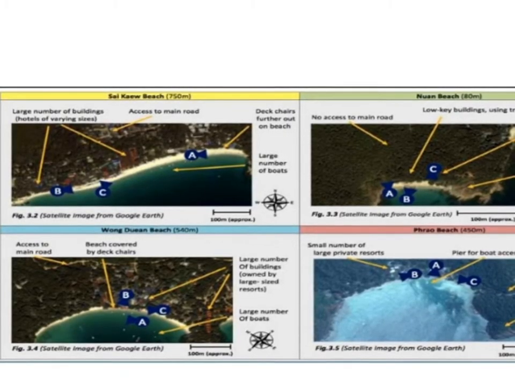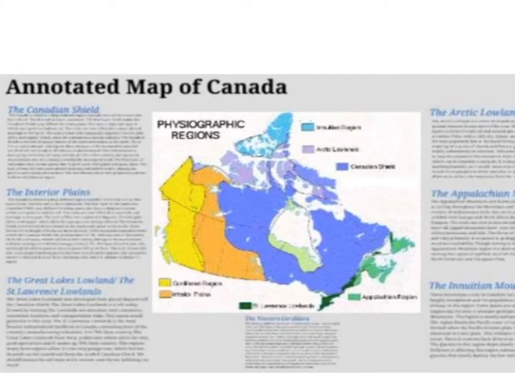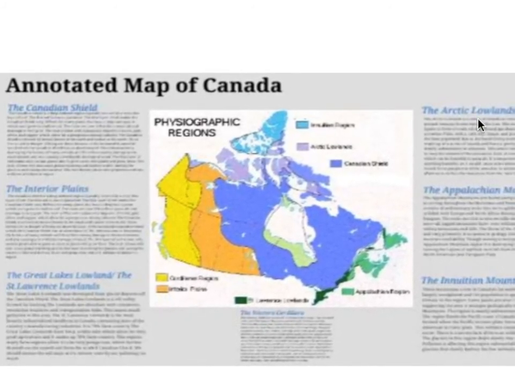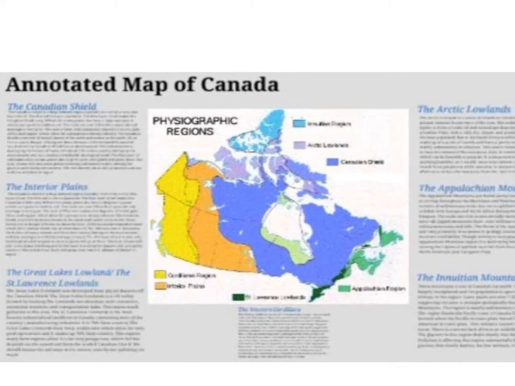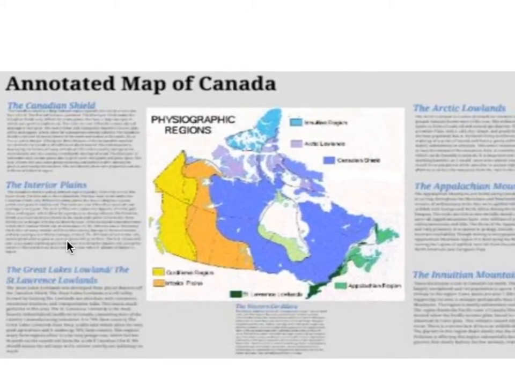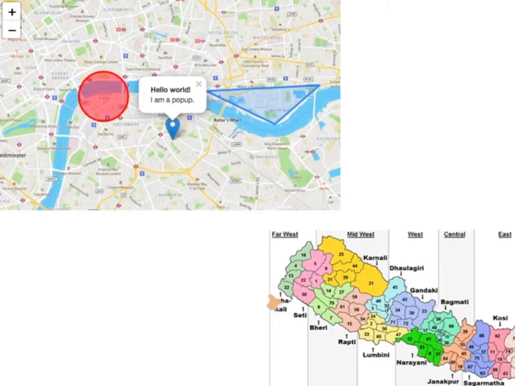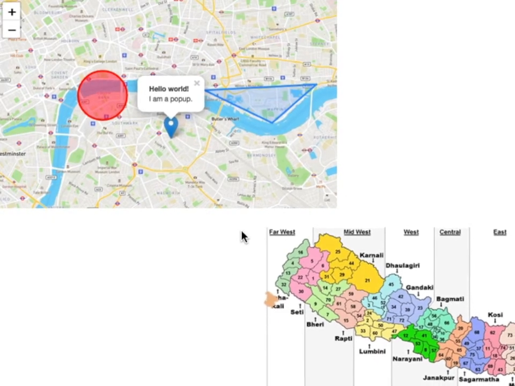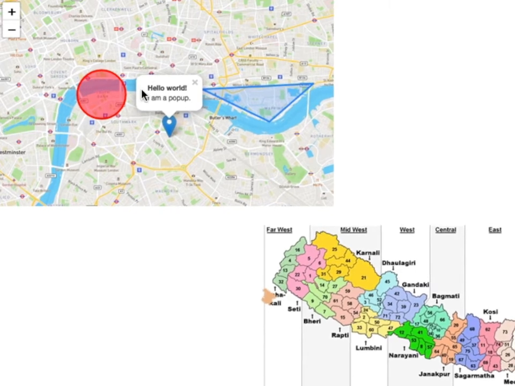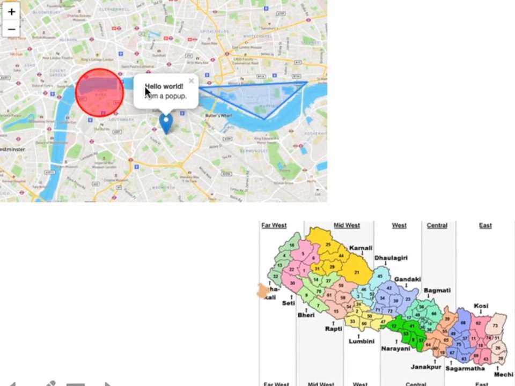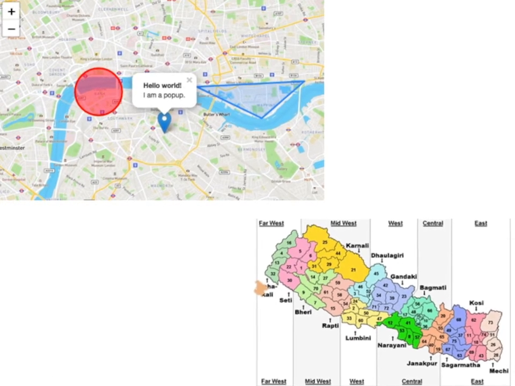This is an example of that annotation. Similarly, in the annotated map of Canada, we can see it has been clearly described what the Arctic is, what the other plains are, and in the middle is the map itself. In the case of a web map, you can do it dynamically, labeling particular features or the area of interest.